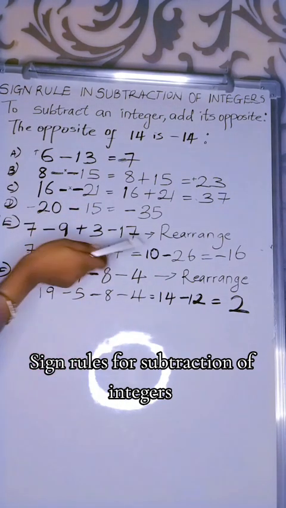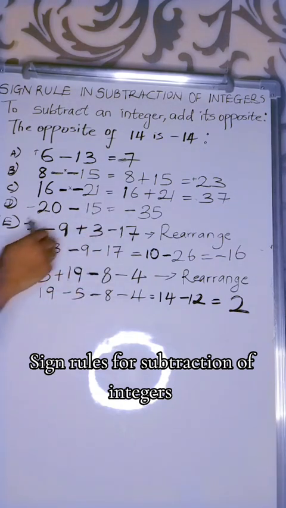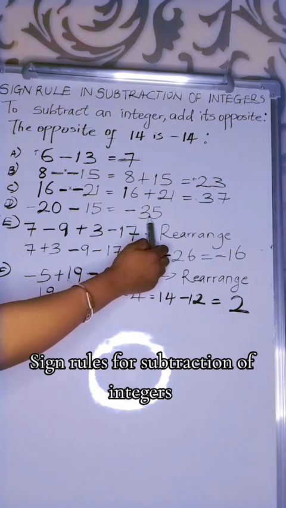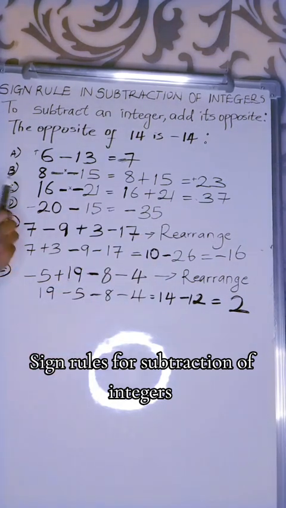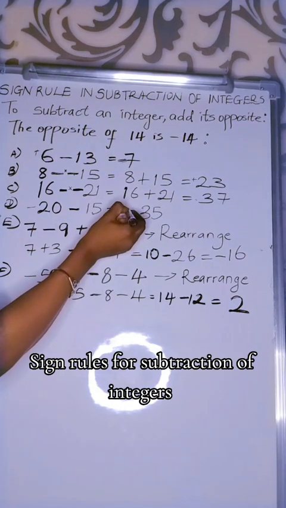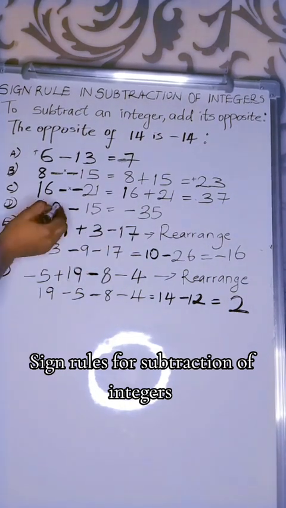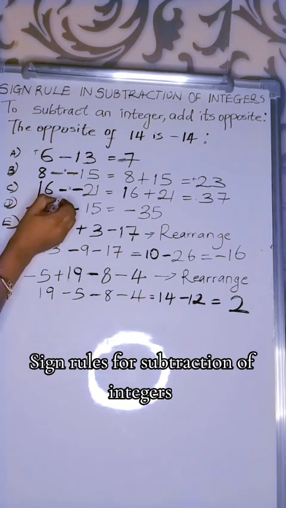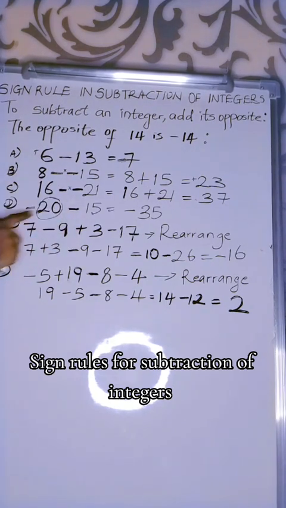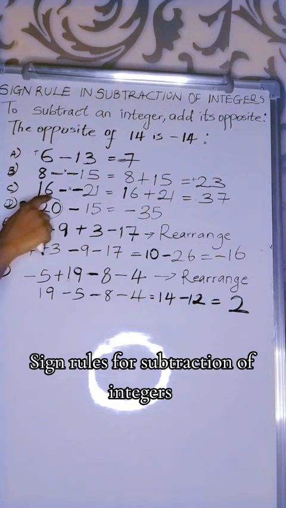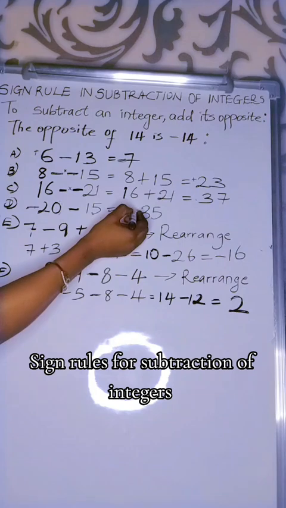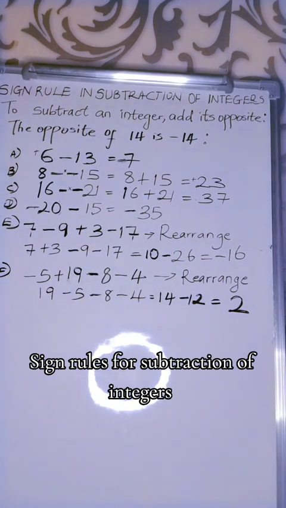So 20 and 15, adding them together, will give you what? 35. But you will still add that negative sign, because the number that carries the greater value is still 20, and it has what? Negative sign. So you still add that negative sign to the result.